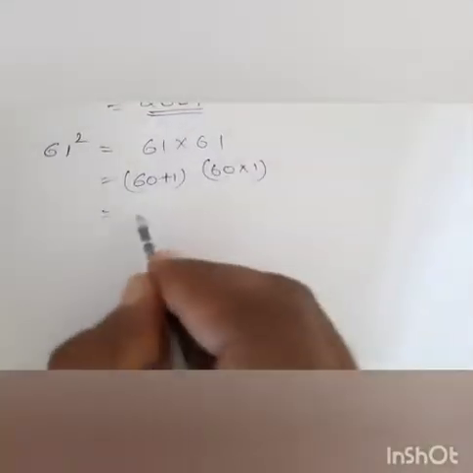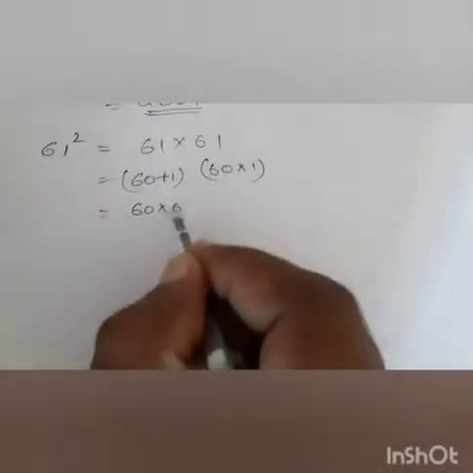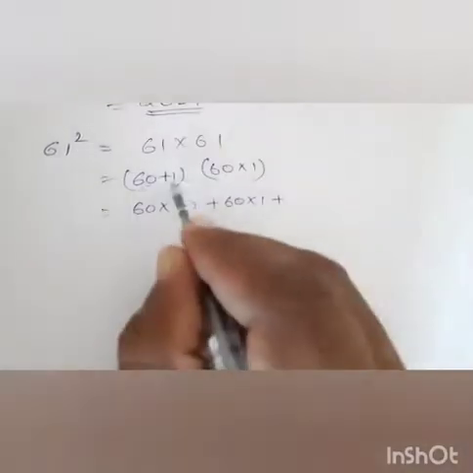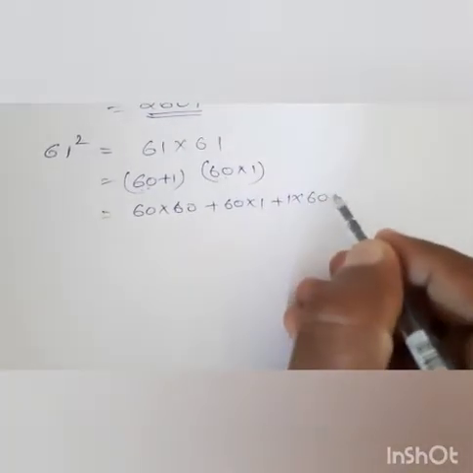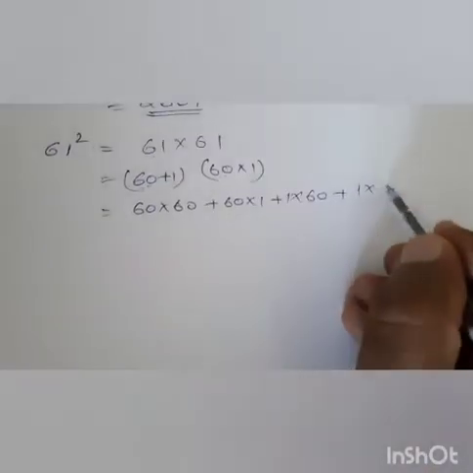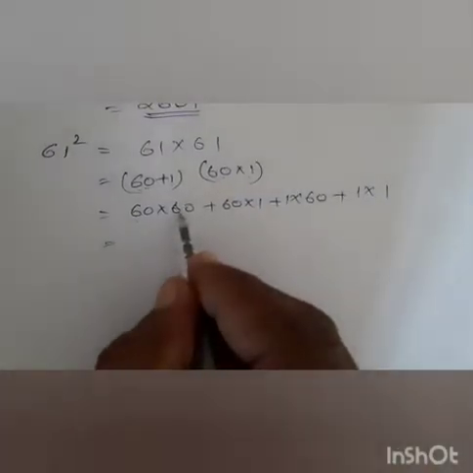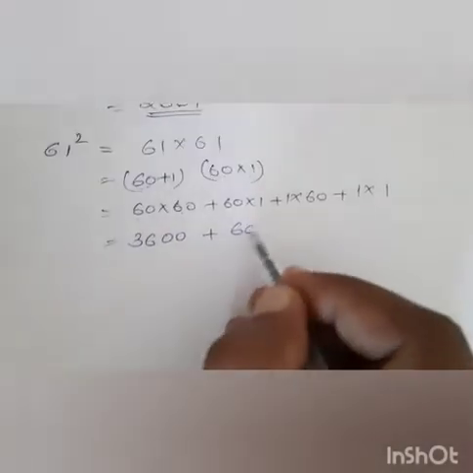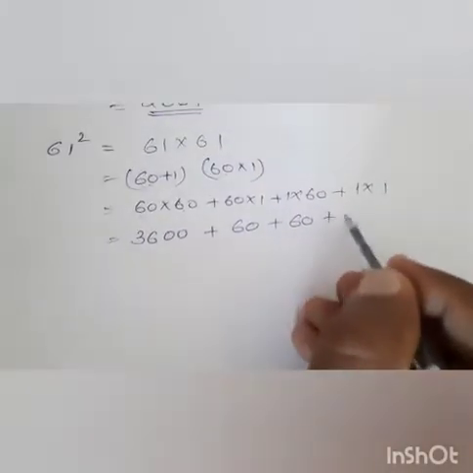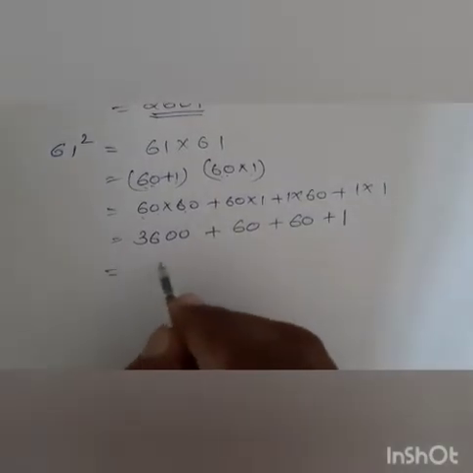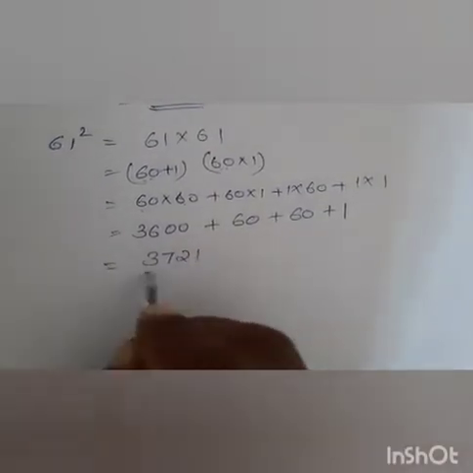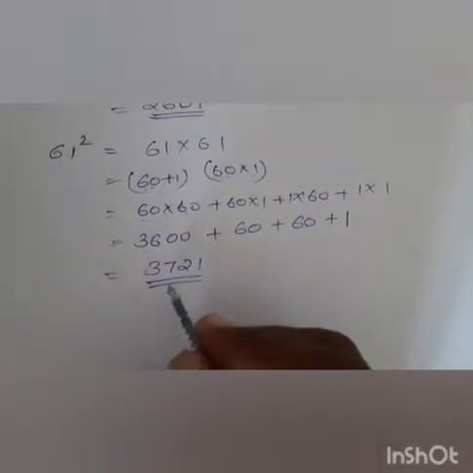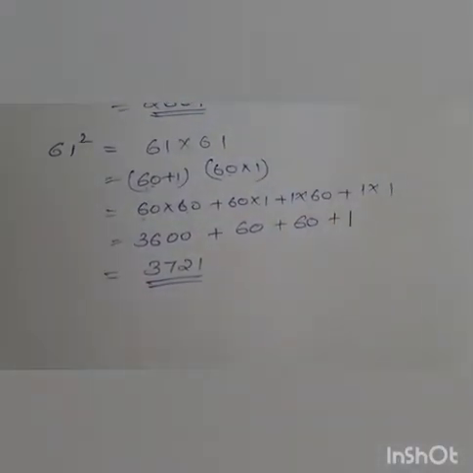Then 60 into 60 plus 60 into 1 plus 1 into 60 plus 1 into 1. 6 sixes are 36, then 2 zeros, plus 60 plus 60 plus 1. So the answer we are getting is 3721. So the square of 61 you got like this, 3721.